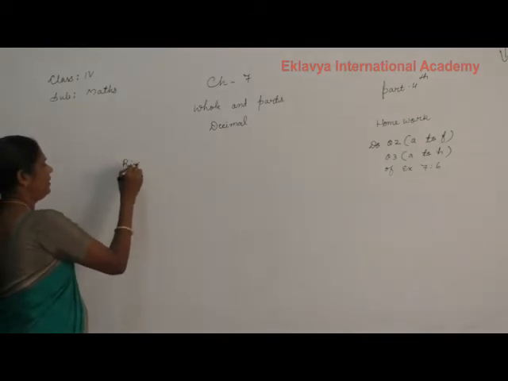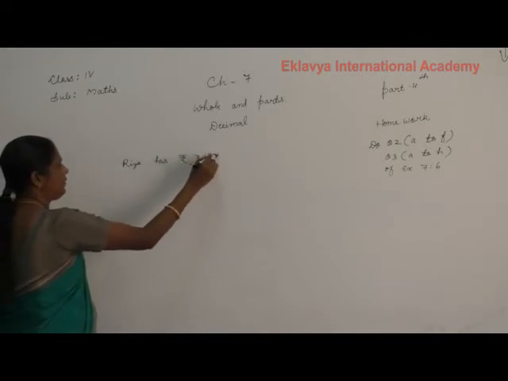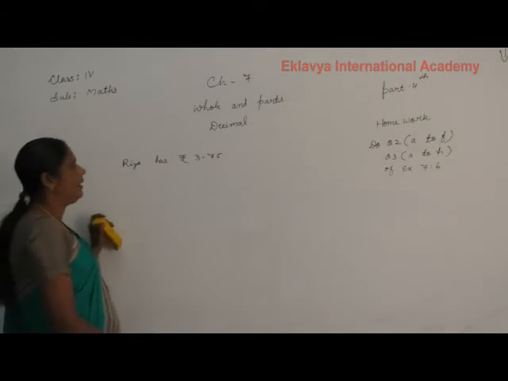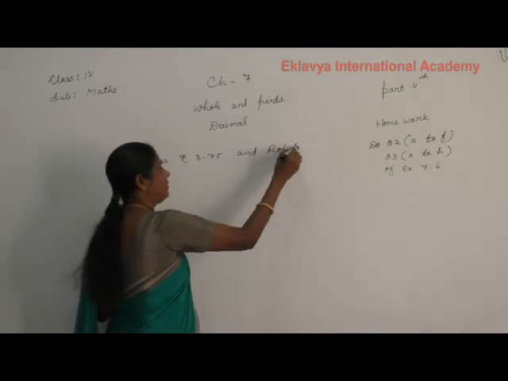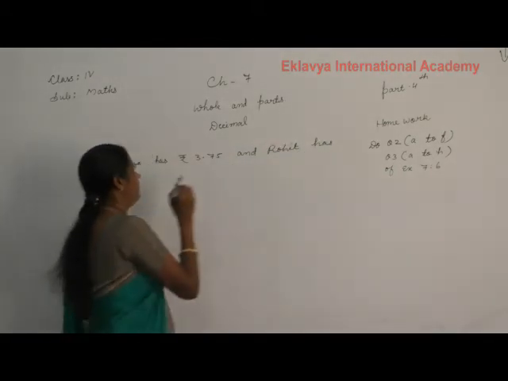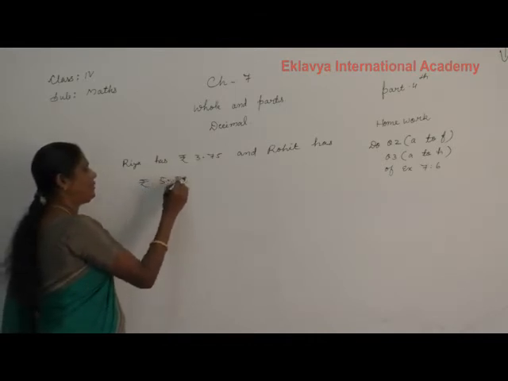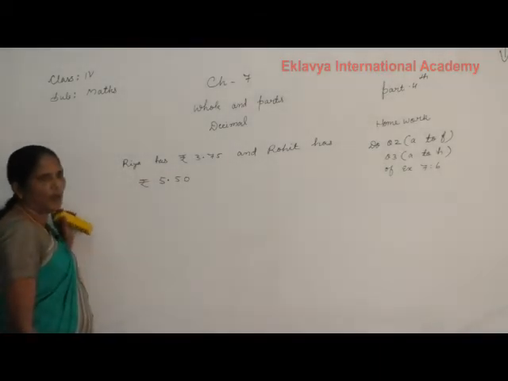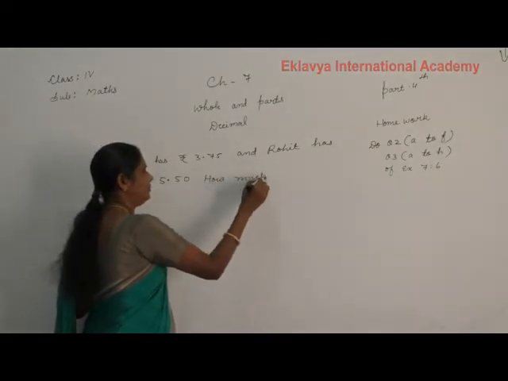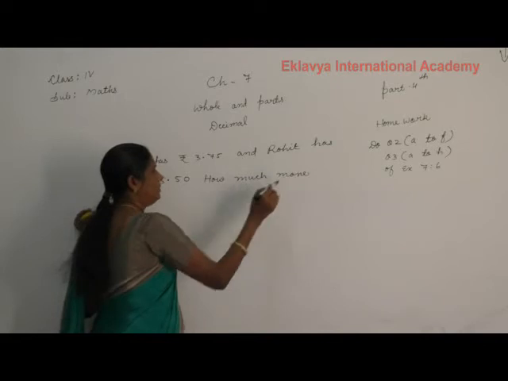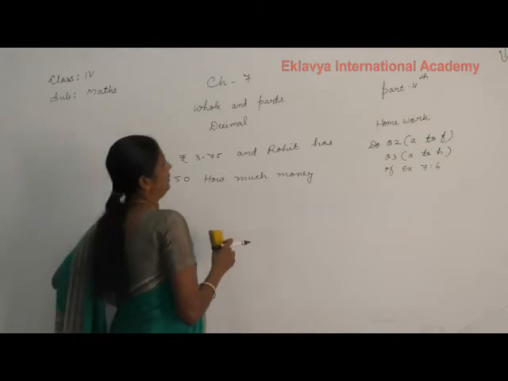Now we have to solve the word problems. Riya has rupees 3.75 and Rohit has rupees 5.50. How much money do both children have?